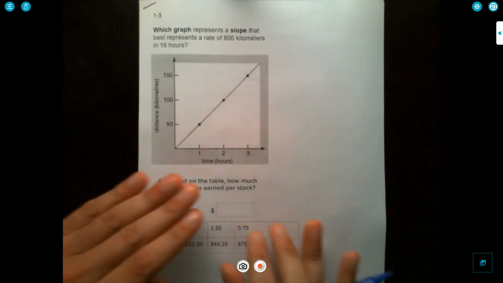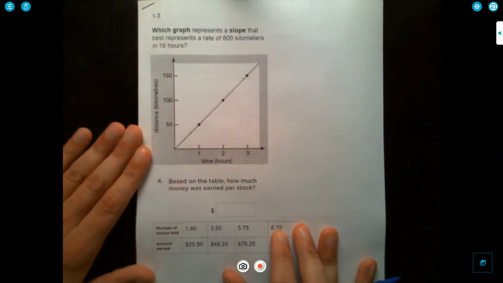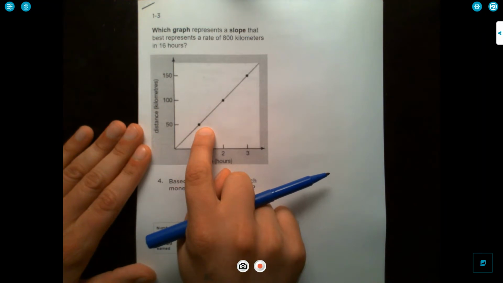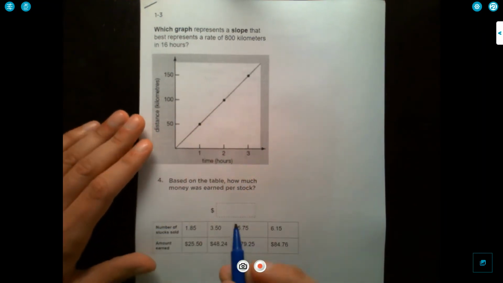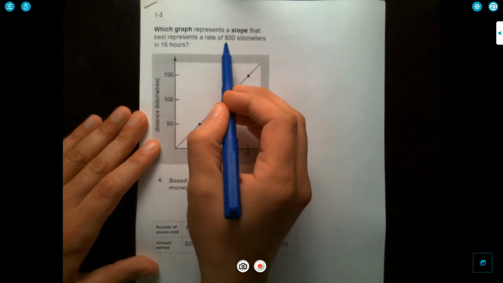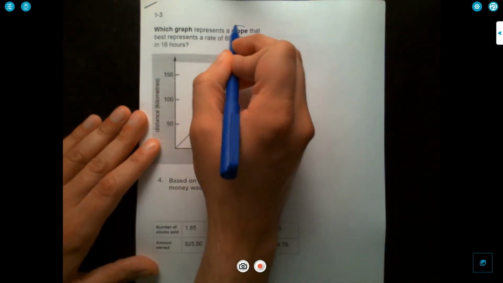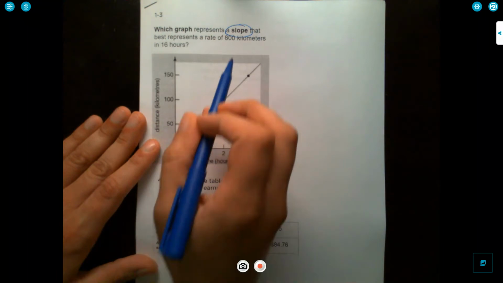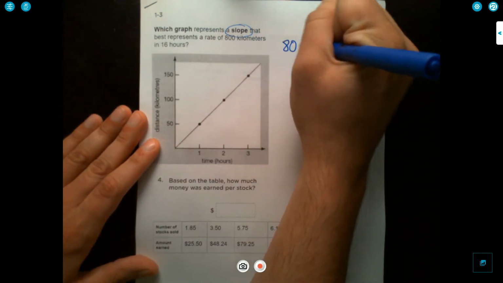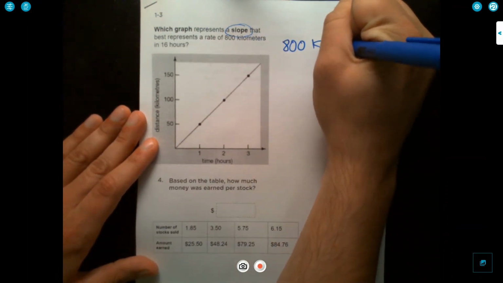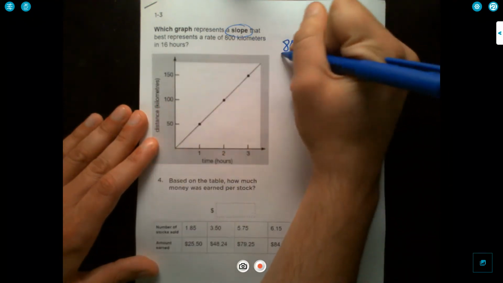In this case, you only find one pretty point, or one clear point, whatever you want to call it, and you see if it matches the proportion that they give you. They're asking which graph represents a slope that represents a rate of 800 kilometers, for instance, in 16 hours.